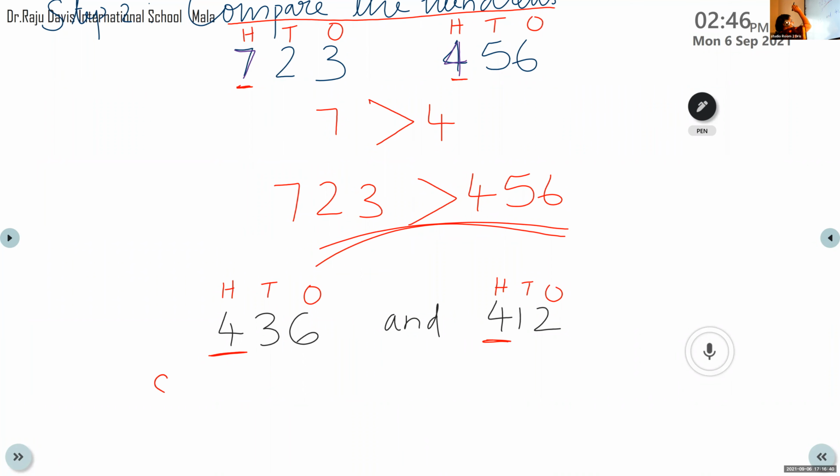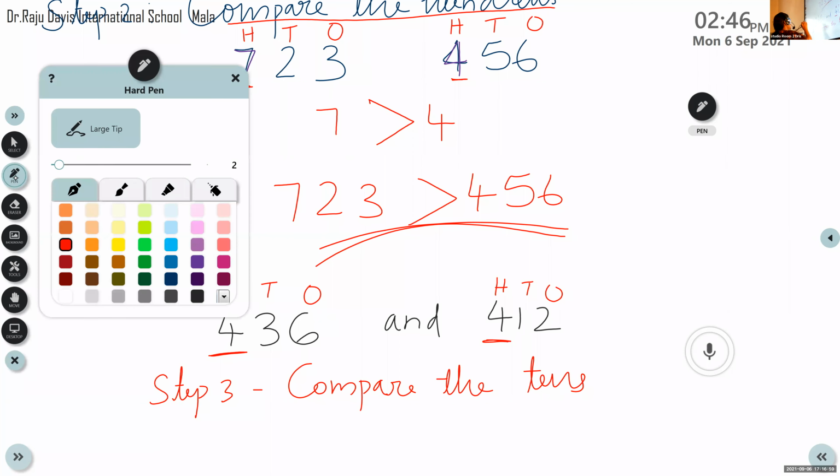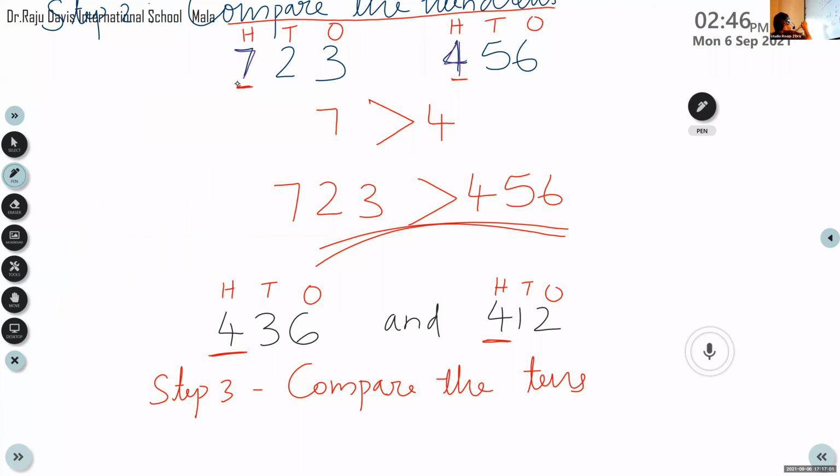So we move to the third step. Compare the tens. Now in 436, the tens place is 3.